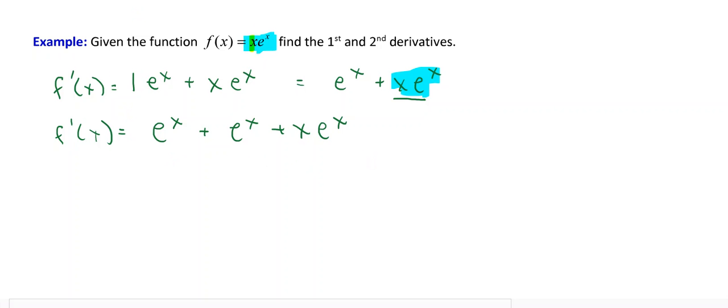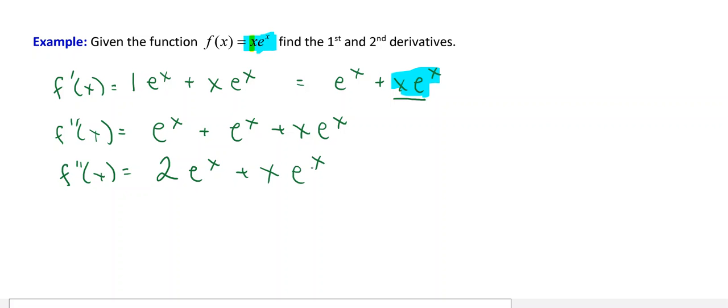And now we can combine these two terms. This is the second derivative. So the second derivative would be 2e to the x, we have two of them here, plus x e to the x.